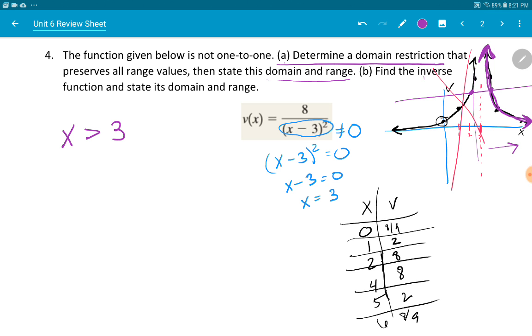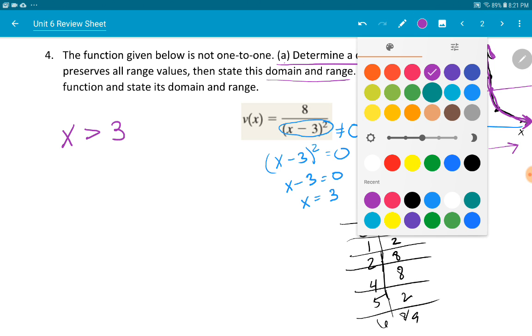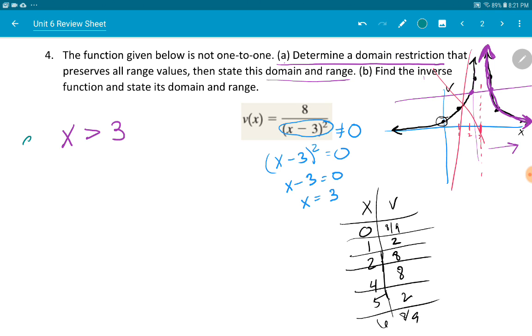And then part B says to find the inverse. So we're going to switch our y and x. We're going to have x equals 8 over, y is actually a v here, so v minus 3 squared. And solve for v.